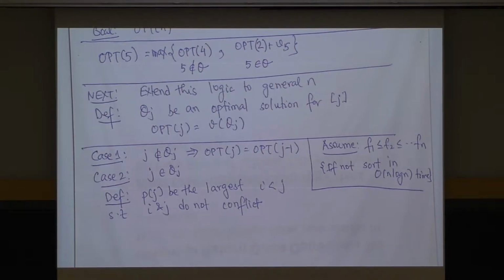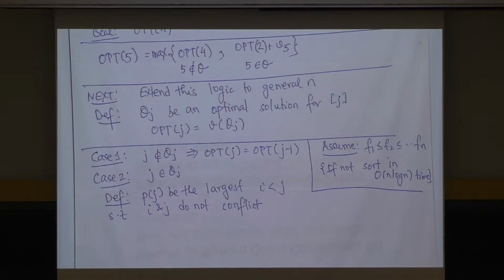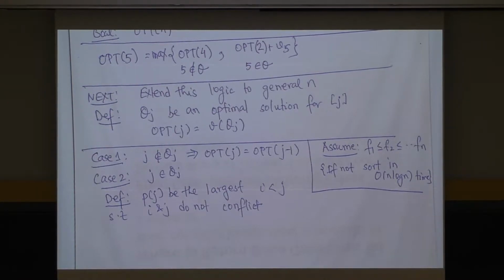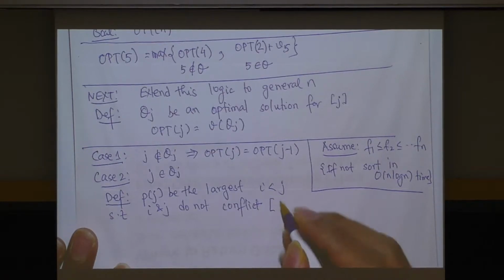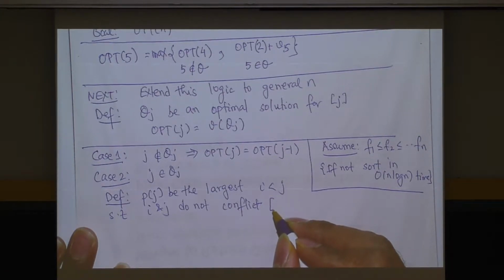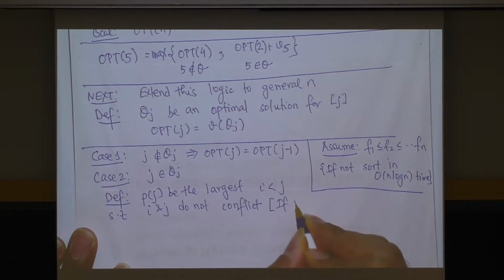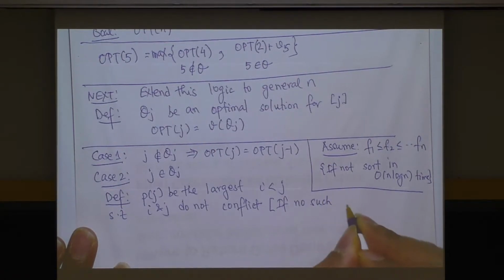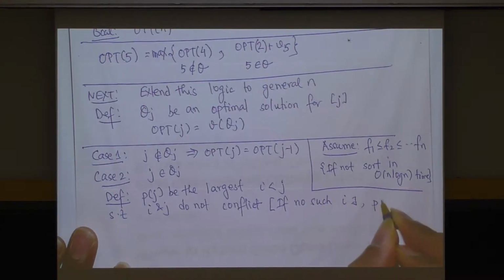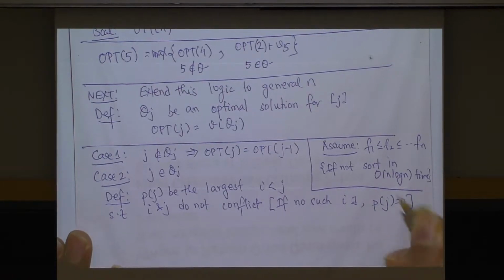Now it is possible that there might not be such an i. For example, if the job is the very first job, in this case we'll just give it a default value of 0. Okay. And if no such i exists, p of j is just 0.